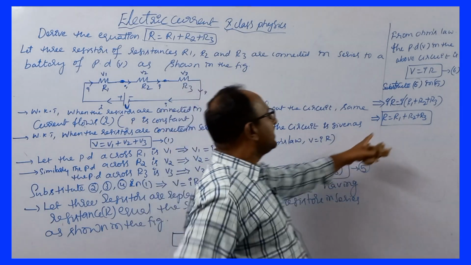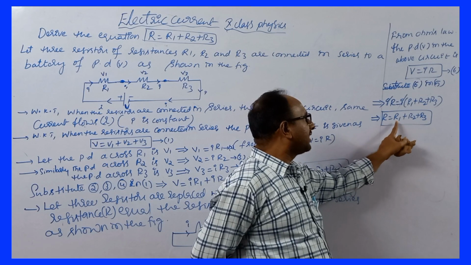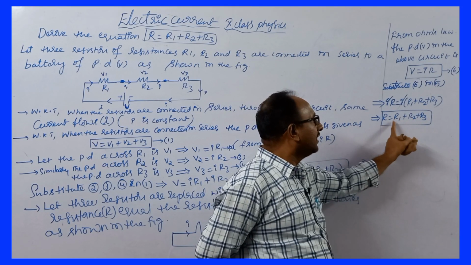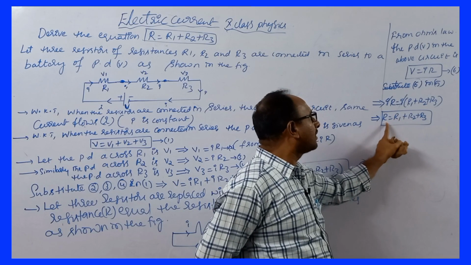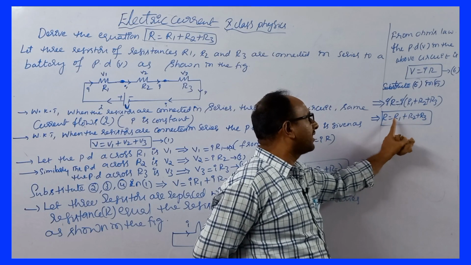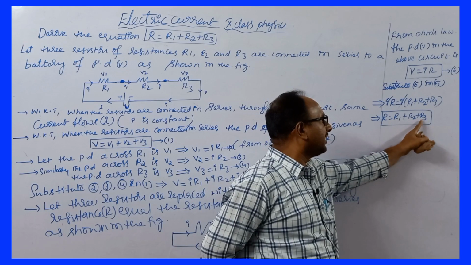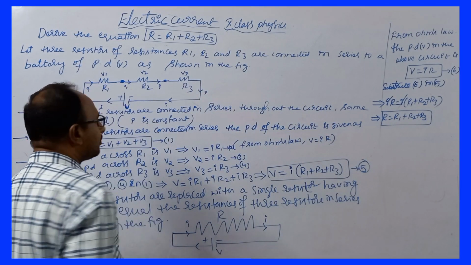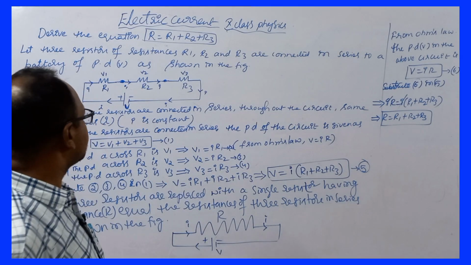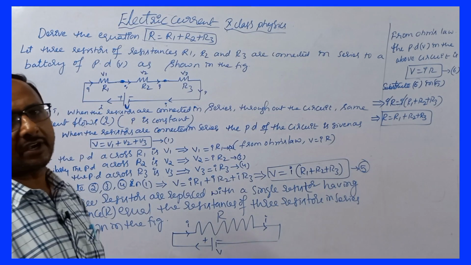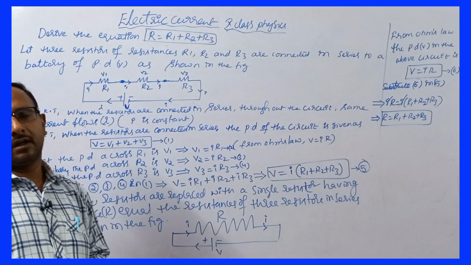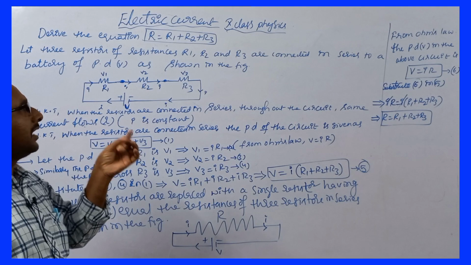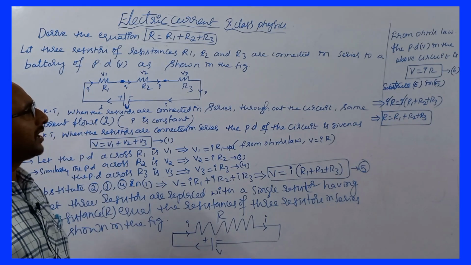So R is also greater than R1, R2, and R3, because it is their sum. So when the resistors are connected in series, total resistance increases. This is, students, most important for 4 marks and 8 marks in AP and 4 marks in Telangana 10th class syllabus.